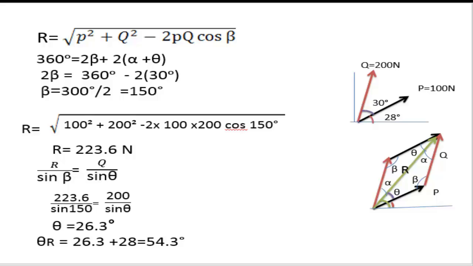From this rule we can find sine theta. Then sine inverse gives theta. For that, theta will equal 26.3 degrees. And theta for the resultant will equal 26.3 plus 28, and its magnitude will be equal to 54.3 degrees.